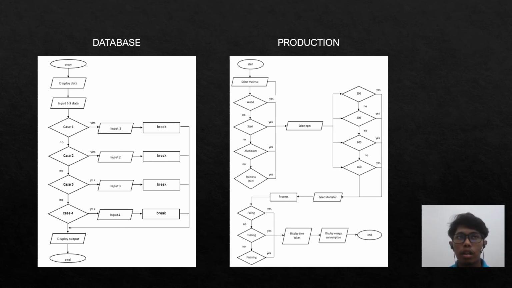You can put any number, for example 2 millimeter, 4 millimeter, the diameter that we need to cut from the material. And then we need to choose the process, which is facing, turning, and finishing. After choosing the process, it will display the time and the energy consumption.